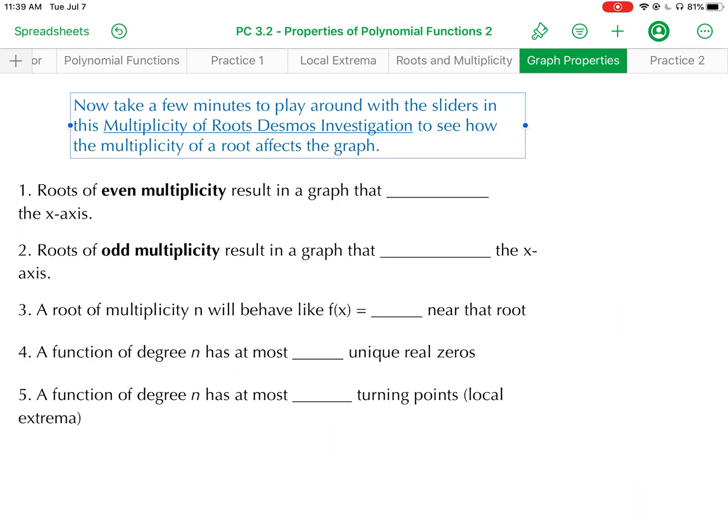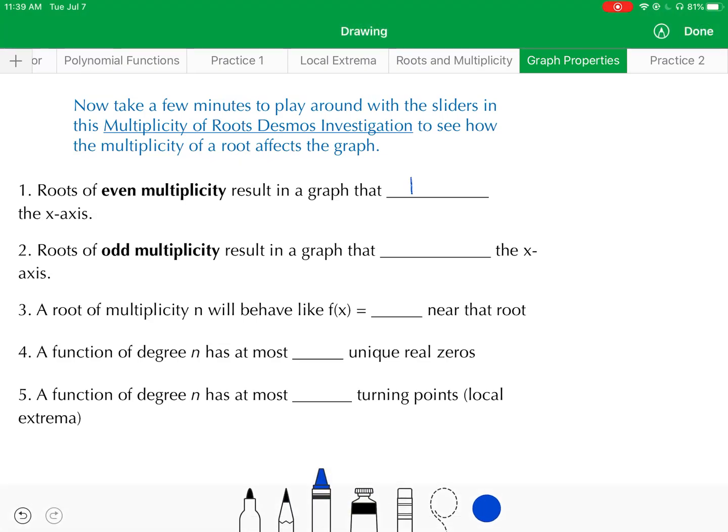Basically, we can generalize it to the following. Roots of even multiplicity result in a graph that touches the x-axis. So what I mean by touches is something like this. Your curve is doing that. Okay, that particular root would have to have an even multiplicity.